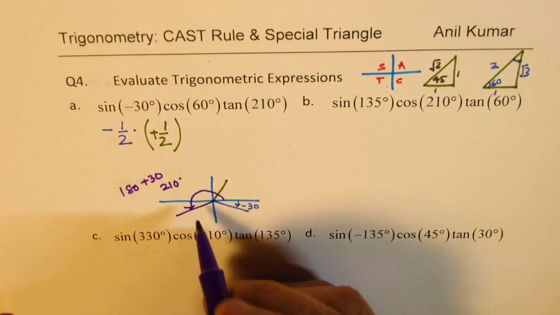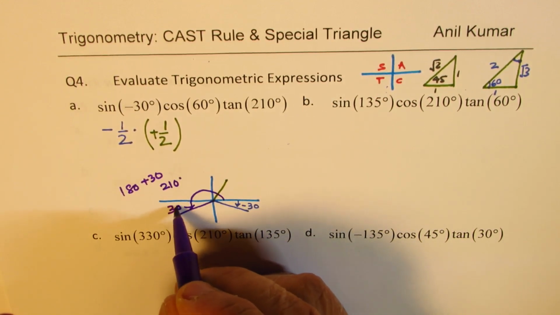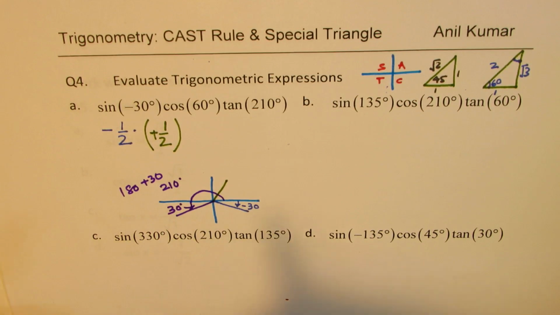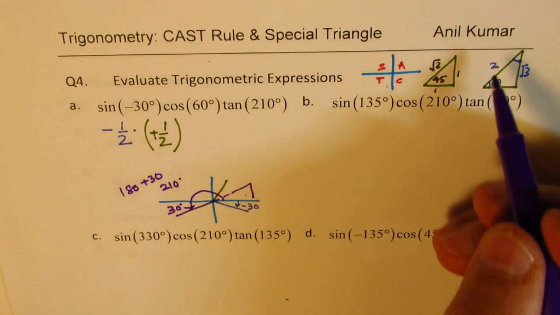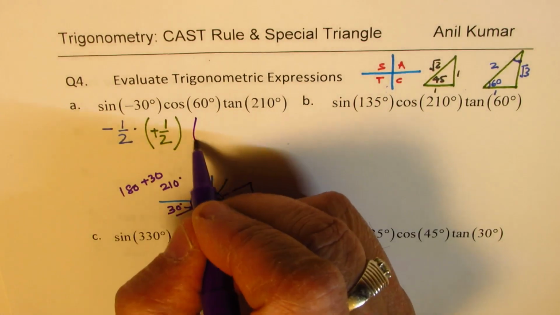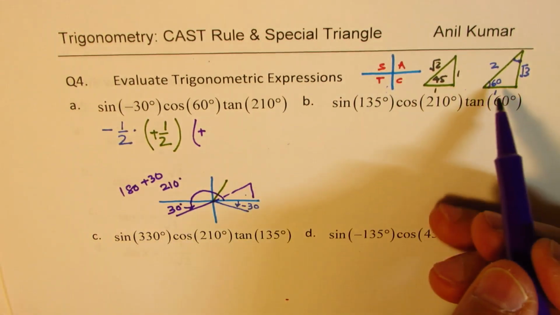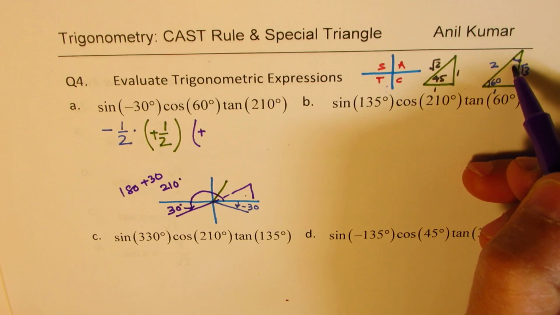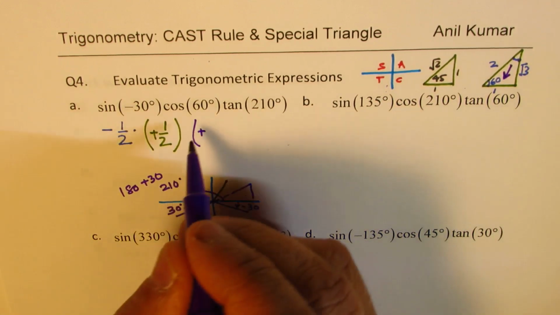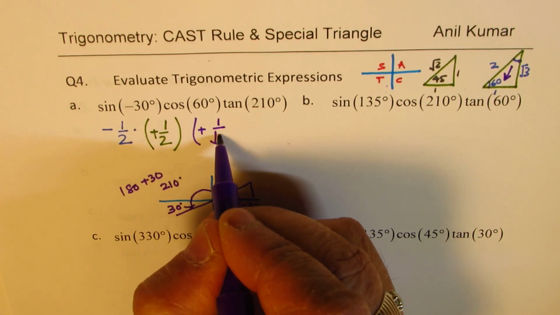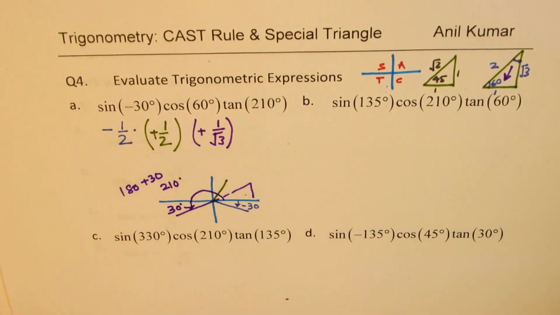That means we have to look into the acute angle 30, because this angle is the same as that triangle. Tan is positive here, so it is a positive value. For 30 degrees, the opposite side is 1, adjacent is square root 3. So this is 1 over square root 3. Does it make sense to you?